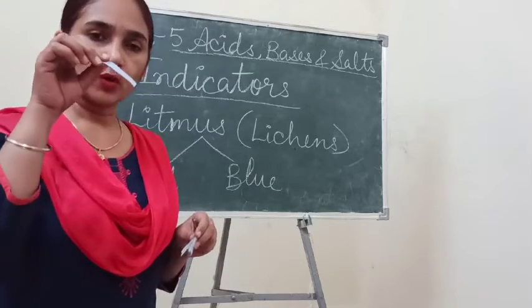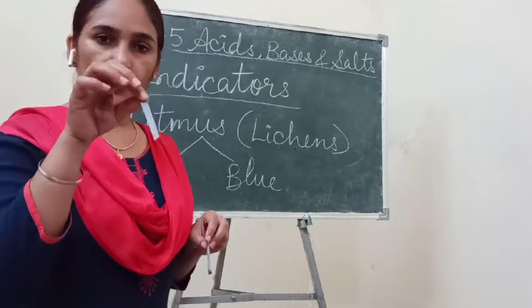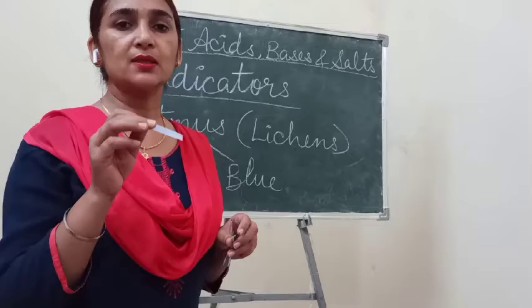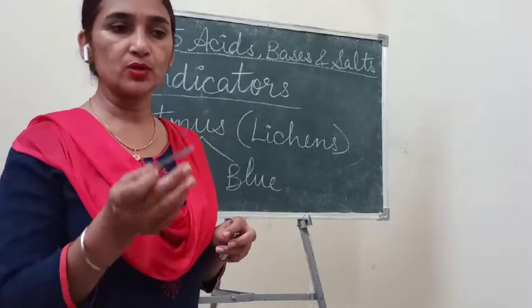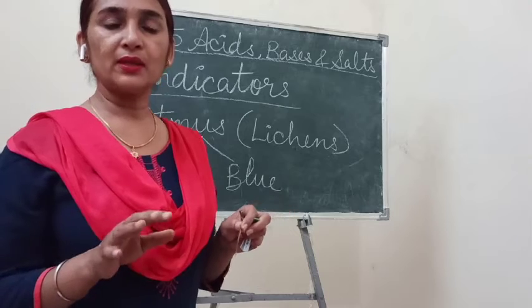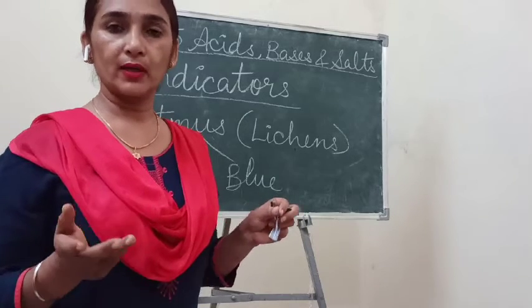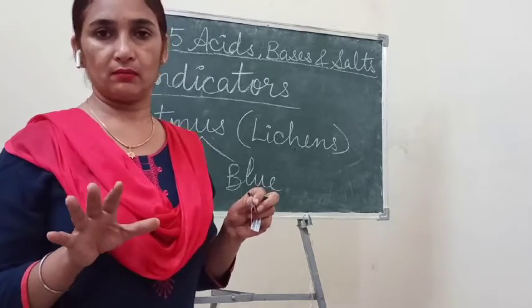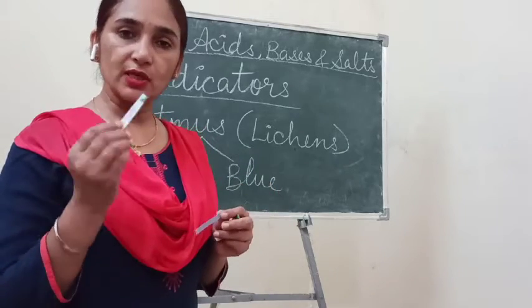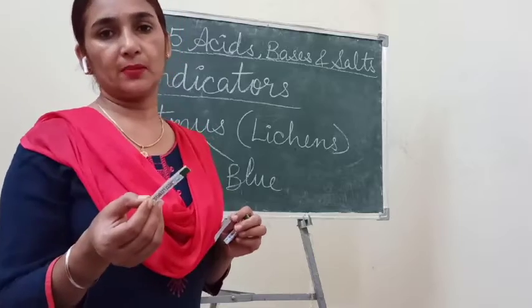Okay, first we put blue litmus paper. If it turns from blue to red, that means the thing is acidic, the solution is acidic. And if it does not change color, that means it is basic in nature or neutral, meaning a neutral substance. Okay, then we check with the red litmus paper.